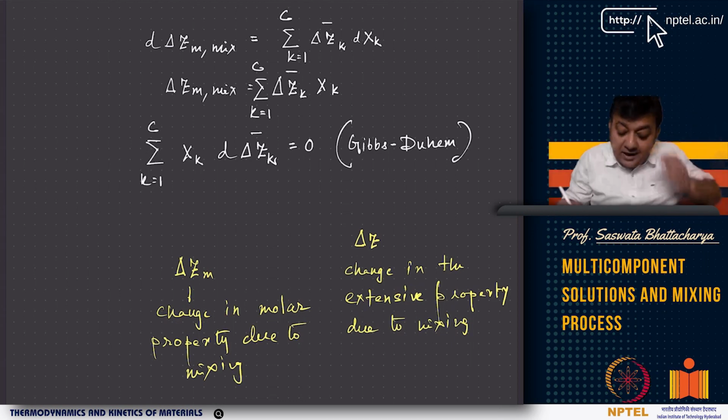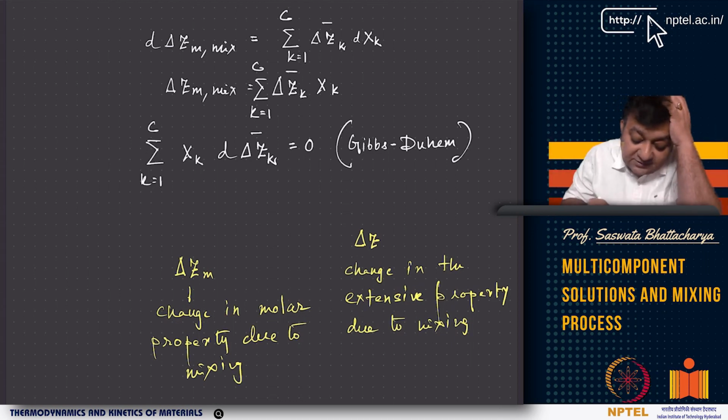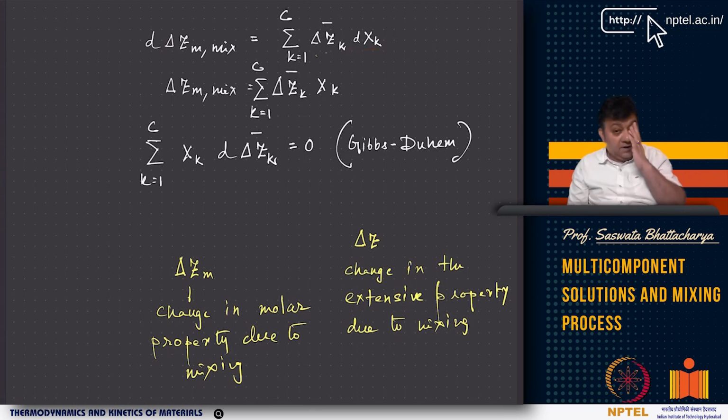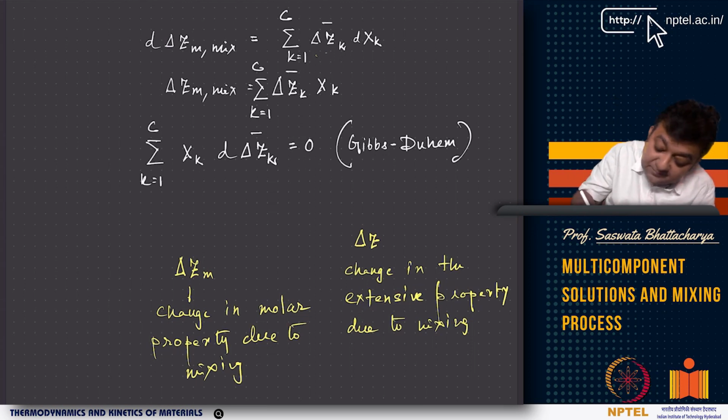Okay, so if you do that, then the Gibbs-Duhem relation, you can see here, d delta Zm mix equals the sum over k equal to 1 to c of delta zk bar dxk. Instead of writing dnk that we wrote previously, now you can use dxk. And dxk basically means it is the differential of the composition of component k in terms of mole fraction. So delta Zm mix, for example, is the sum of delta zk bar xk.